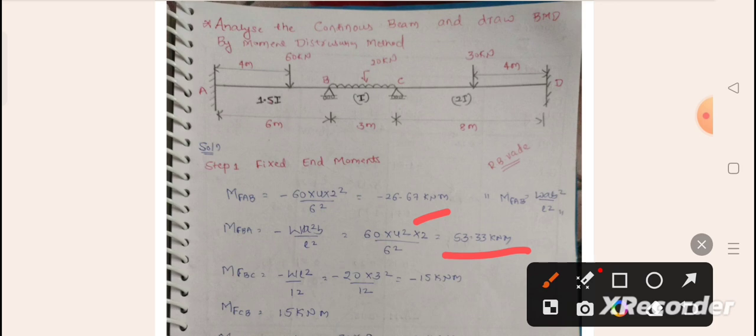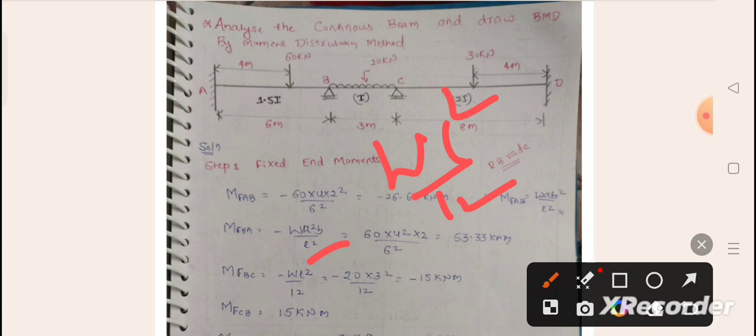Next, for span BC, the loading is UDL. If it is UDL, then the formula is MFBC will be minus WL square by 12, and MFCB will be equal to plus WL square by 12. This is the thing you should remember.